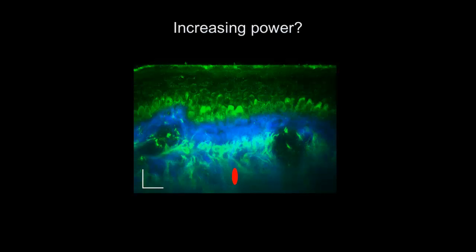That means you can still generate pretty good signals from those deep regions. So you would say, that's good. I can just keep cranking up and go deeper and deeper. However, it doesn't work so well. First of all, you do have a larger volume, so you get less resolution there. You get a little bit of contribution from the outside region as well, because these areas actually start to generate more and more two-photon fluorescence as well.